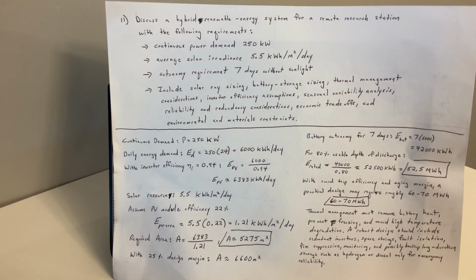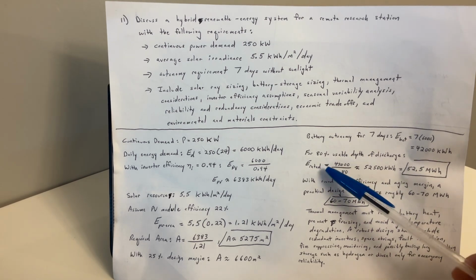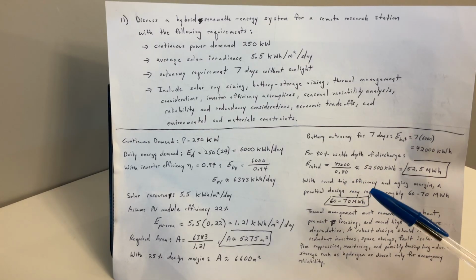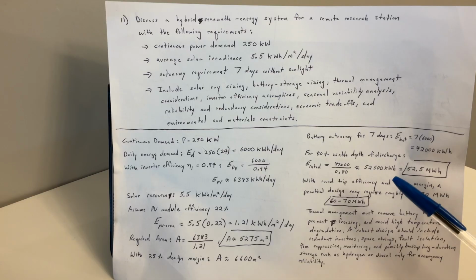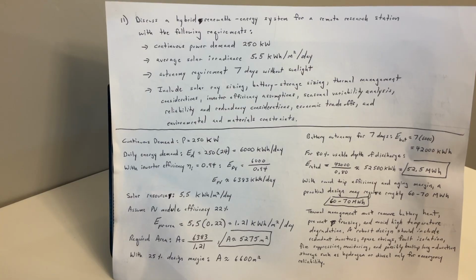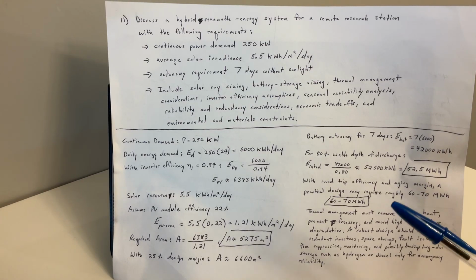Battery autonomy for 7 days. E sub BAT equals 7 times 6,000, 42,000 kWh. For 80% usable depth of discharge, E sub rated is 42,000 divided by 0.80, that's 52,500 kWh, 52.5 MWh. With round trip efficiency and aging margin, a practical design may require roughly 60 to 70 MWh.